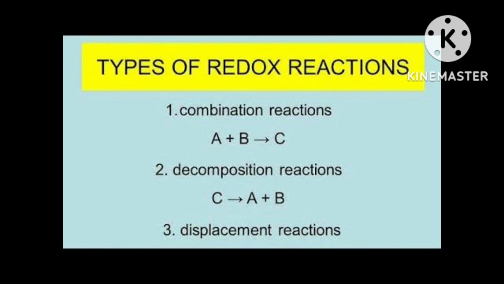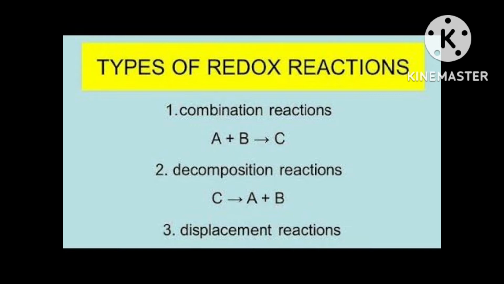By name itself, it is clear, combination. A combination reaction may be denoted by A plus B gives C, combination means addition.